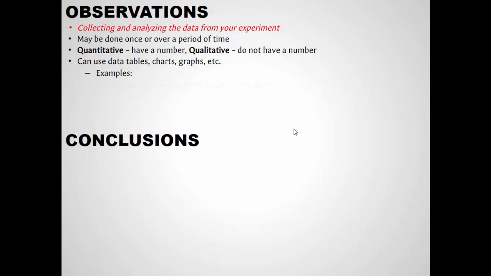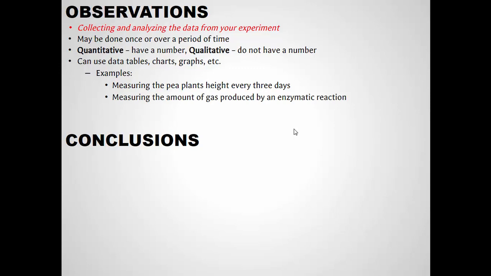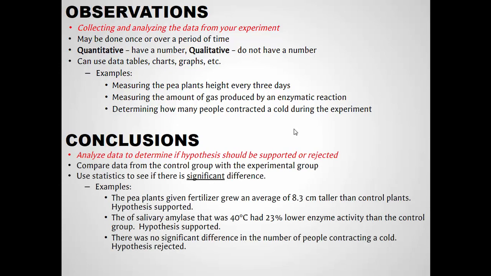So some examples: how tall the pea plants were, measuring the height of the pea plants every 3 days, measuring how much gas the enzyme is producing, determining how many people contracted the cold during the experiment. Those are our observations. We use those observations to make our conclusions.